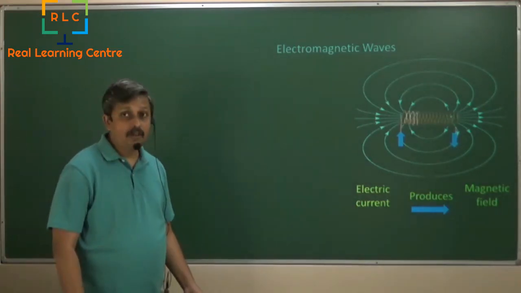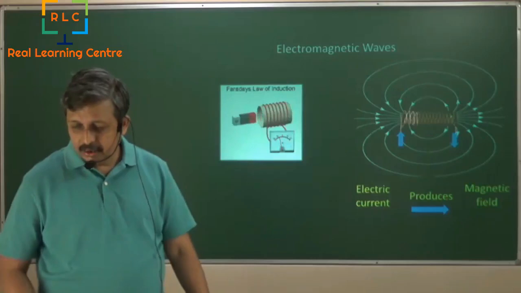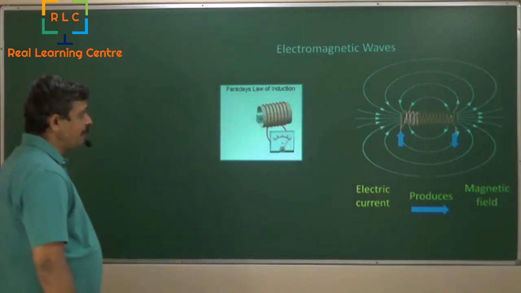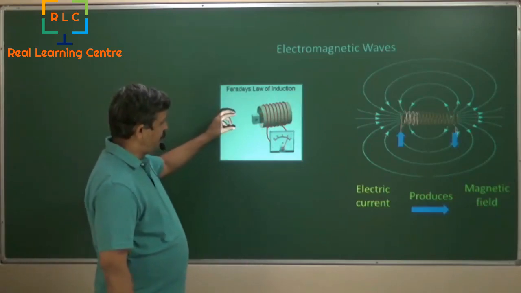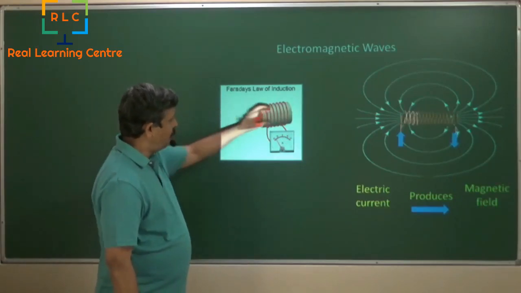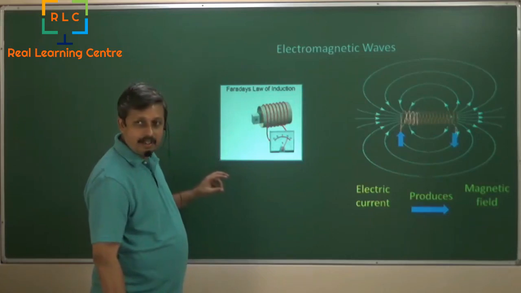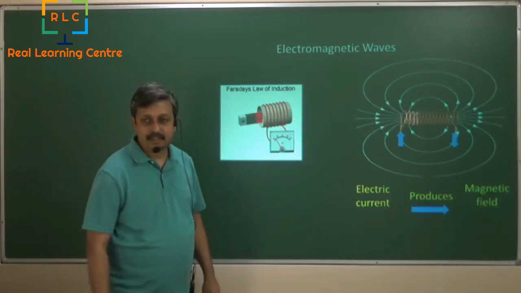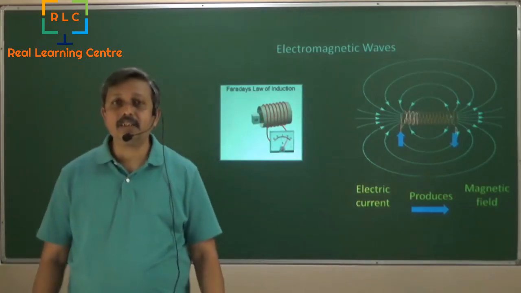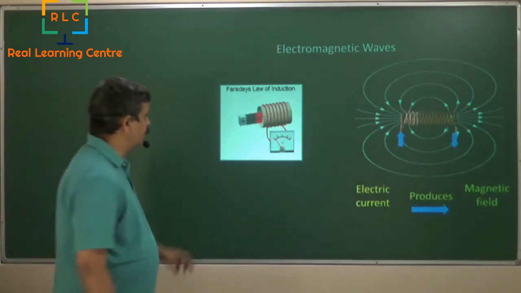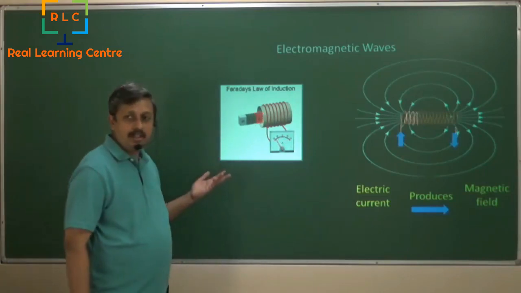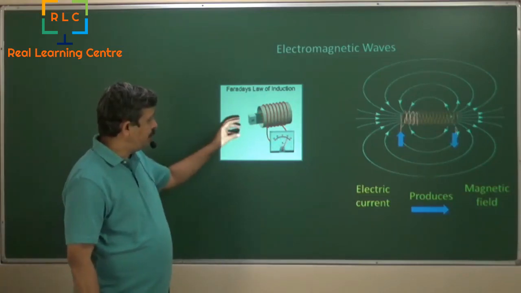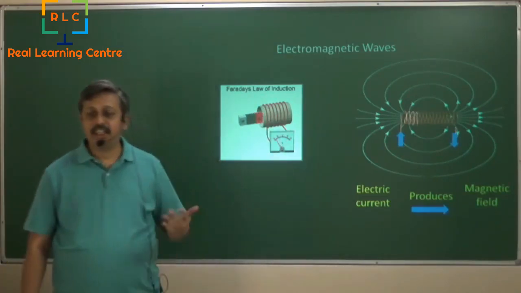Now let us see what Faraday did. Here you can see Faraday's law of induction talks about whenever you move a magnet within a coil like this, it produces electric current. So when a magnet is moved here, the magnetic field linked with this coil is getting changed, no?